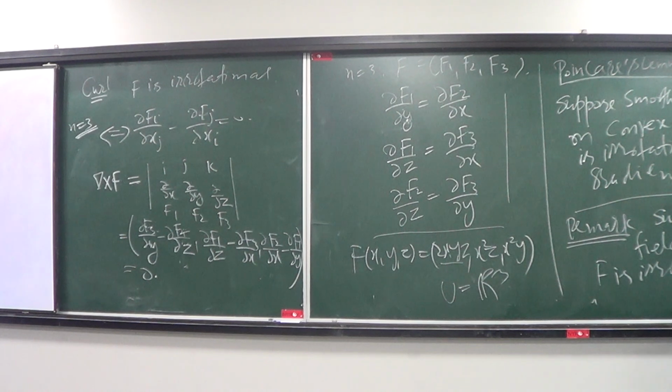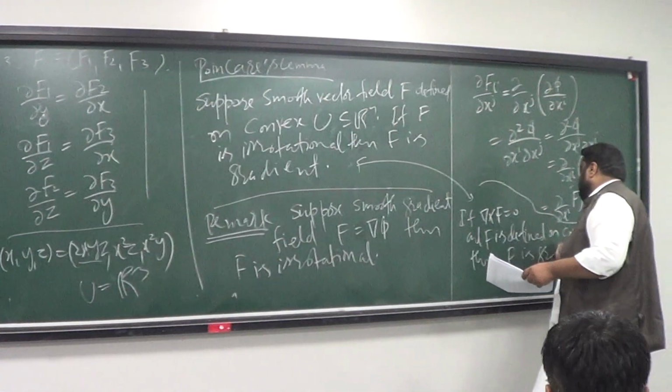You can say in 3 dimensions that if the curl of f is 0, so if your field is irrotational, and f is defined on a convex set, obviously in R3, then f is a gradient. Simple.